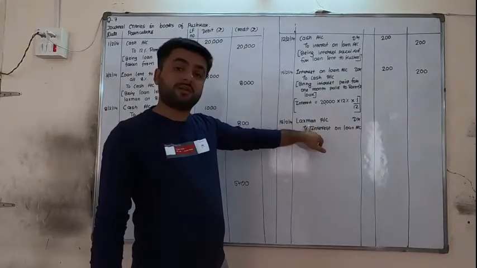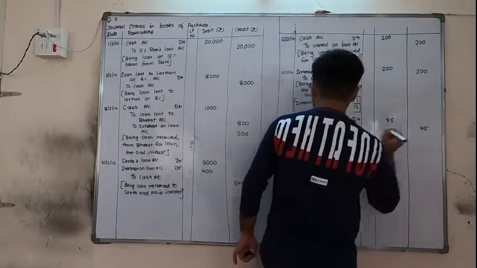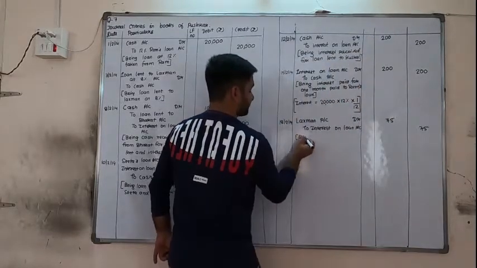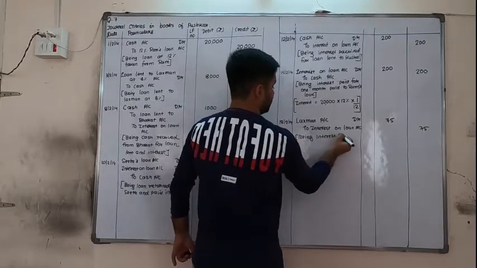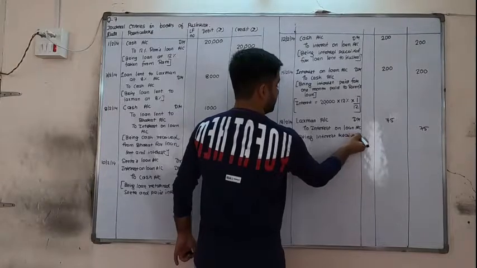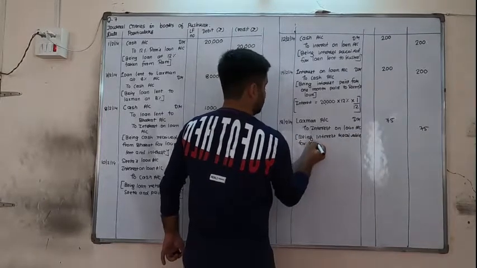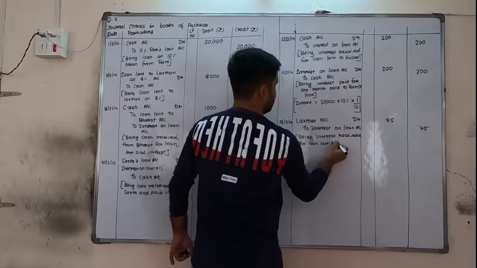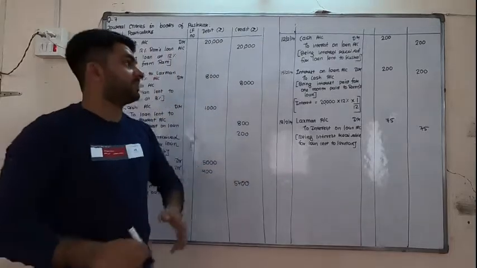Write the name Lakshman because he will only give to us in future. Okay, so what will you write? B. Interest receivable for loan lent to Lakshman.